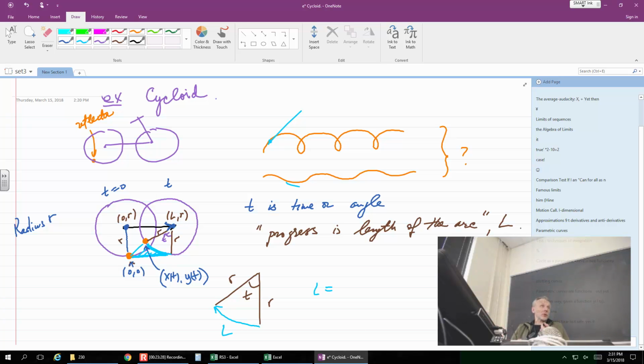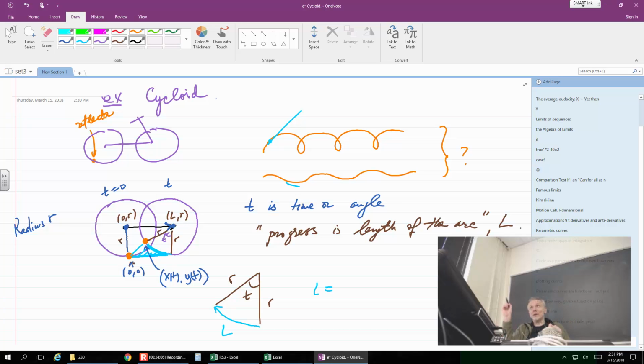So you have a unit circle, and the angle is t. What is the length of the arc? Everything is in radians. What's the meaning of a radian? You measure the angle in terms of the length of the opposite arc.